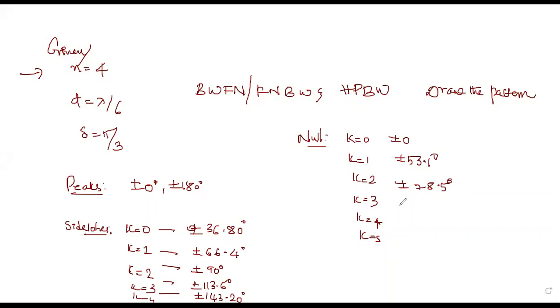Check it because I have got this answer. 101.5 degree. 126.9 degree. Plus or minus 180 degree. And your half power beam width and first null beam width, that is phi naught value is 106.2 degree. Phi naught by 2 is 53.1 degree.